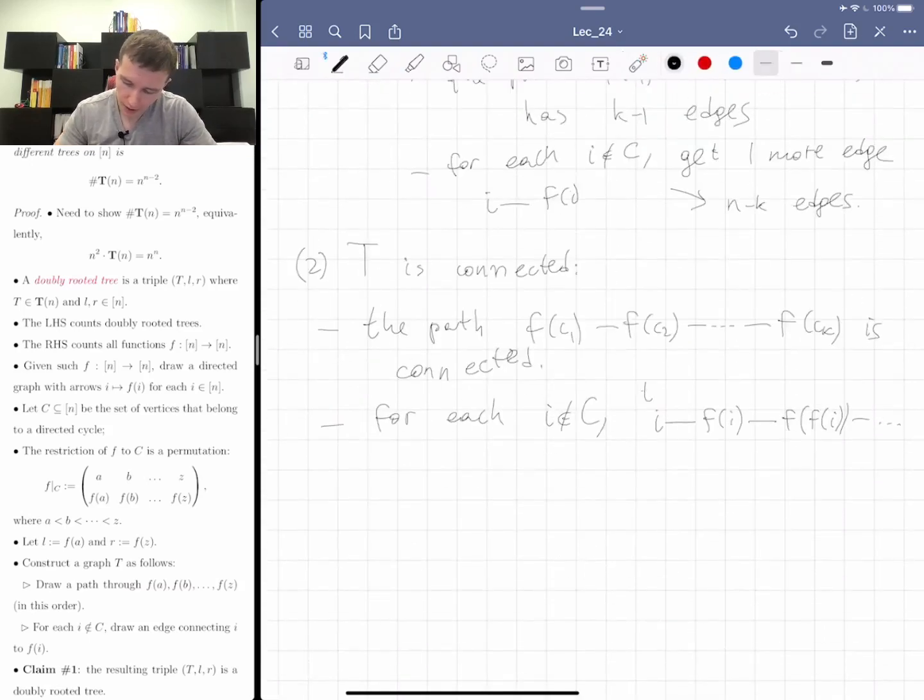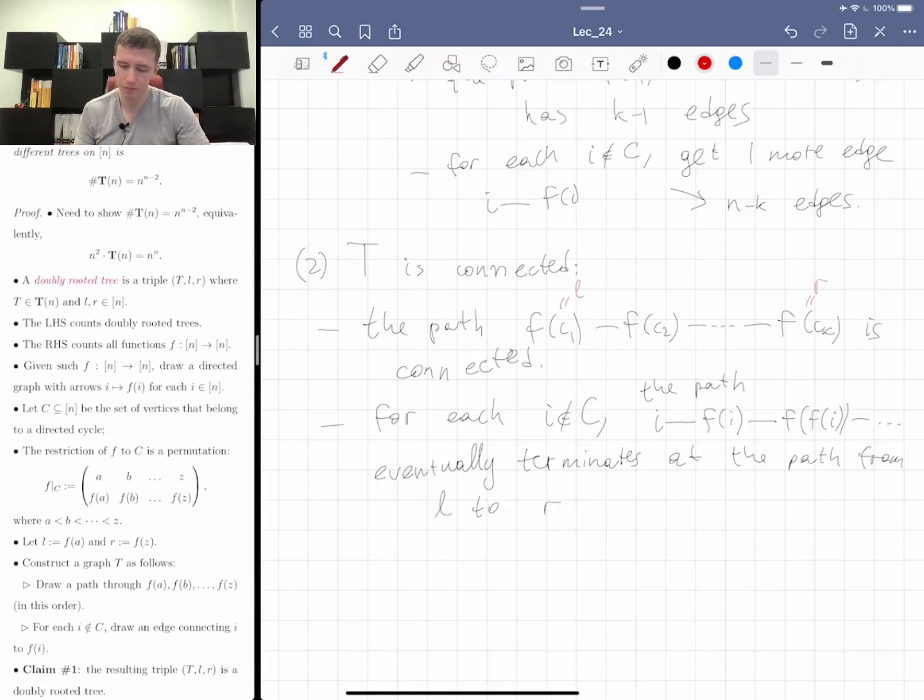So the claim is that the path from i to f of i to f of f of i eventually terminates at the path from L to R, where this is L and this is R. So every vertex can be connected to the path from L to R, which is also connected.